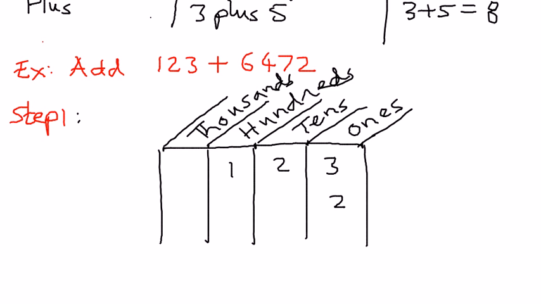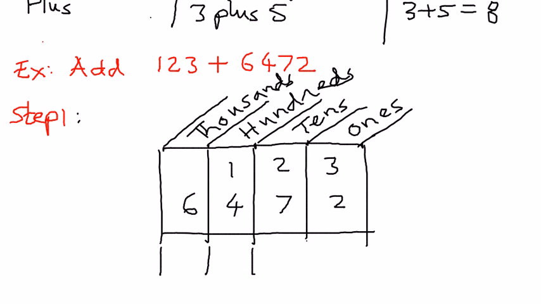What we have done here is place the first number in this place value chart. 3 belongs to the ones, 2 belongs to the tens, 1 belongs to the hundreds place, and for the second number 6472, 2 is in the ones place, 7 is in the tens place, 4 is in the hundreds place, and 6 is in the thousands place, and therefore we are now ready to add these numbers.